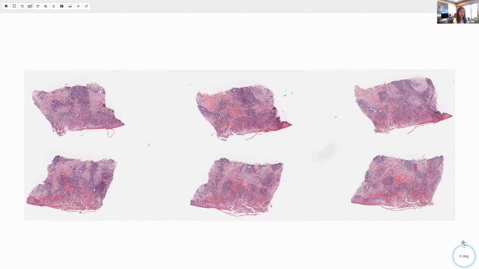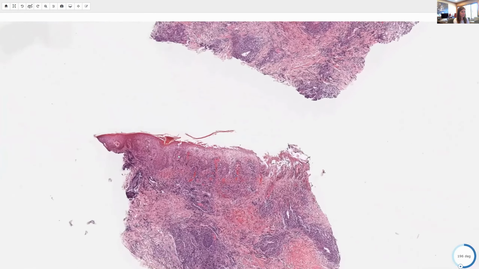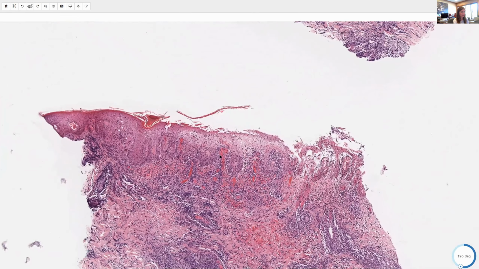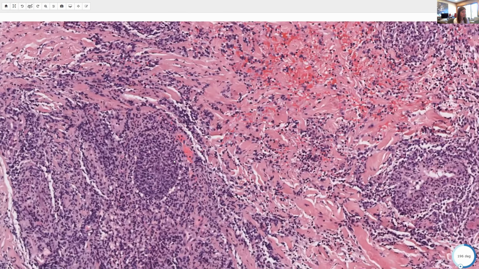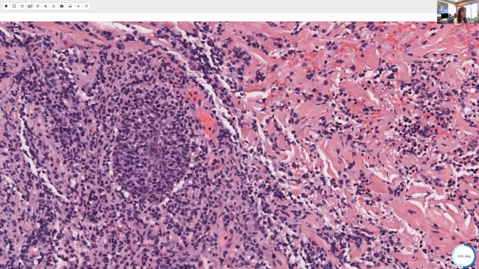But this is an example of type E lymphomatoid papulosis. And this is a case, again, courtesy of Path Presenter, where there's an ulcerated epidermis with necrosis. And as we zoom in closer here, you can see that these atypical lymphocytes are really vasculocentric. So they're within the vessel lumina, and they're demonstrating areas of vessel necrosis.